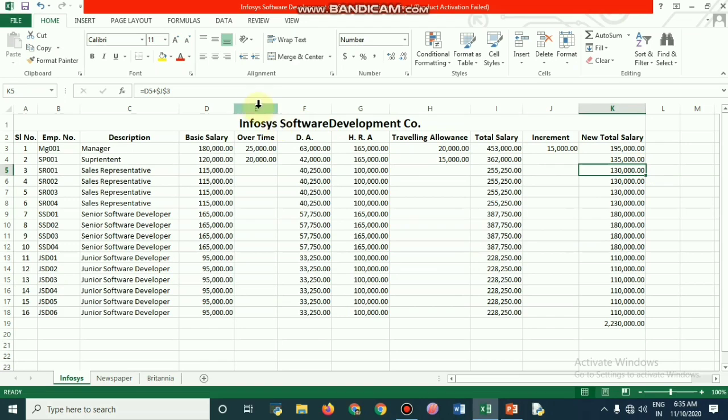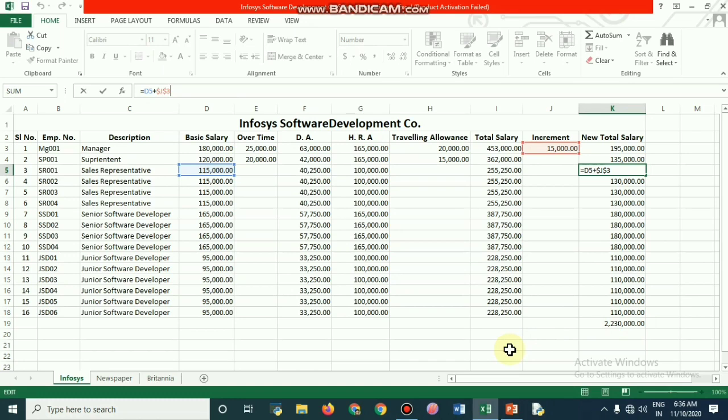That is called absolute cell referencing. You could see here the value of 15,000, which is being increased to each person, need not be copied down all the way. And you could see the changes appearing to each and every person over there.